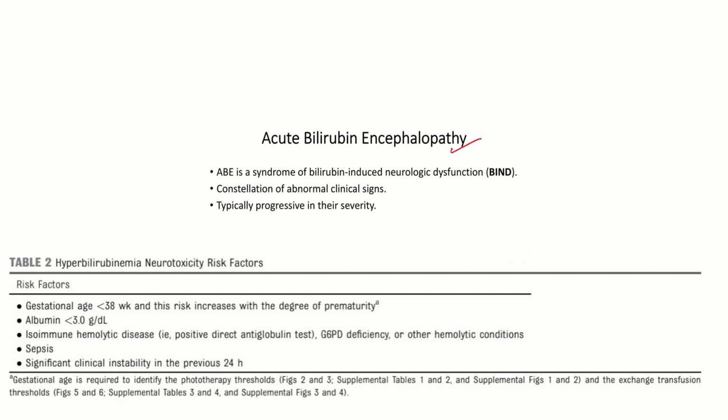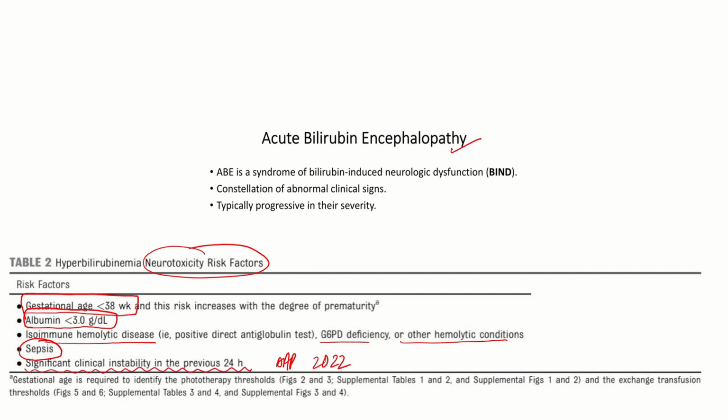From all we have read, we can conclude that neurotoxicity risk factors in a child can be prematurity, gestational age of less than 38 weeks, hypoalbuminemia, as we have already seen, various autoimmune and hemolytic anemias or other hemolytic conditions, and sepsis. Another point added by the AAP 2022 guidelines is significant clinical instability in the previous 24 hours, which is also a neurotoxicity risk factor.